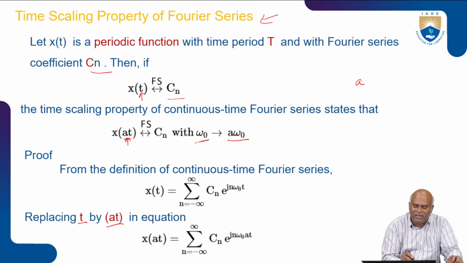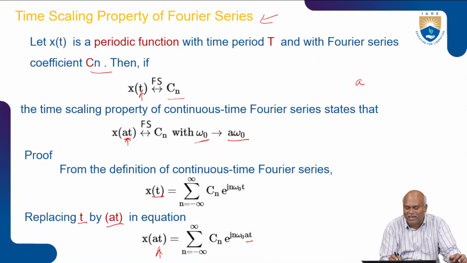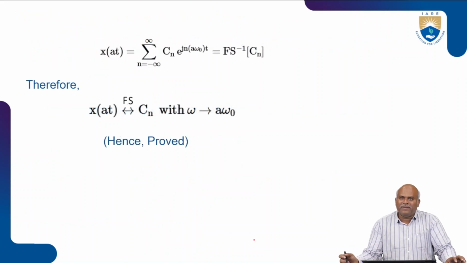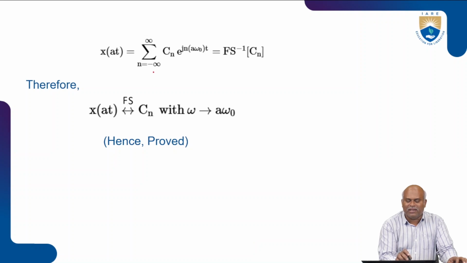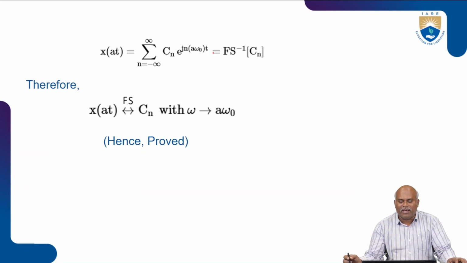So x of at is equal to summation of n equal to minus infinity to plus infinity c of n e power j n omega 0 at. Then x of at is equal to summation of n equal to minus infinity to plus infinity c of n e power j n a omega 0 t.